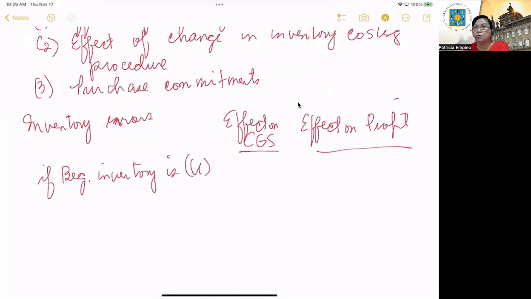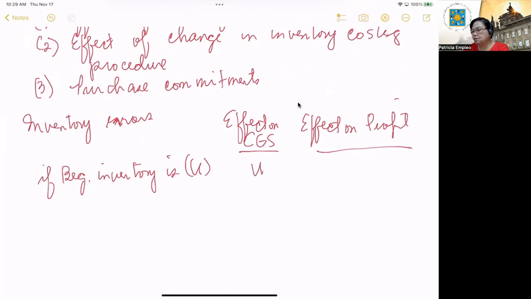So beginning inventory is part of goods available for sale. Assuming that ending inventory is correctly stated, if beginning inventory is understated, that means your goods available for sale will likewise be understated. And if there is no error in ending inventory, your cost of goods sold is likewise understated.